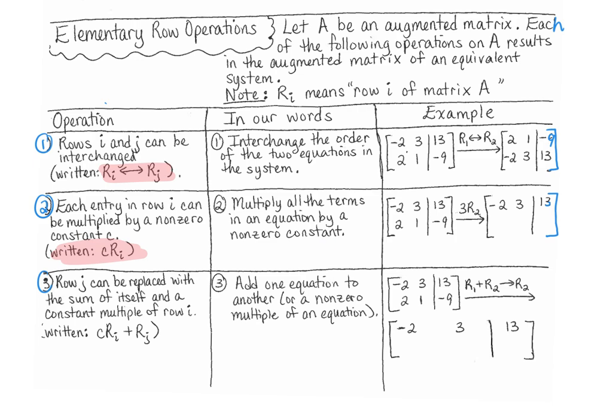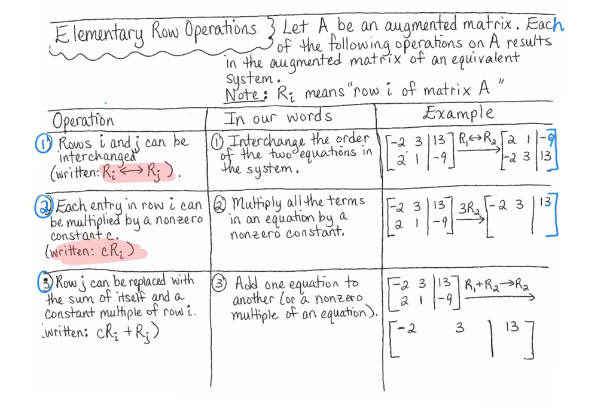That gives us an equivalent augmented matrix. So we can multiply a row by a constant, which means we multiply every entry in that row by that constant.